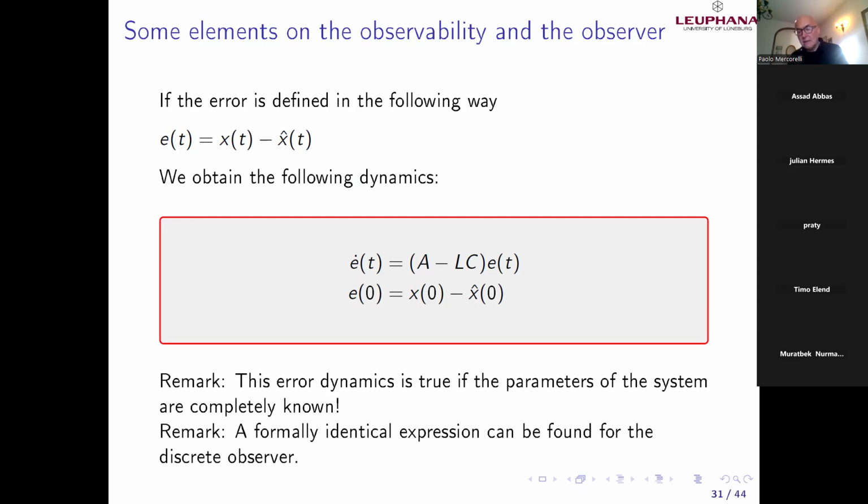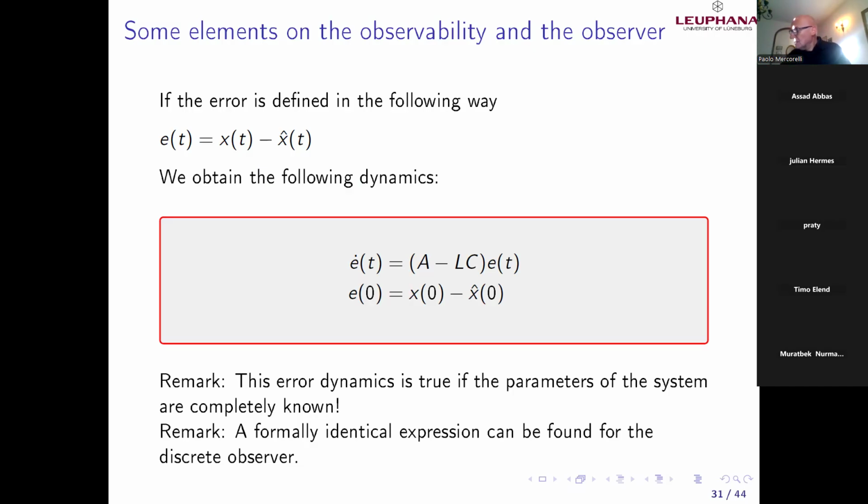Moreover, as I anticipated, we can also use an asymptotical observer. Very often we use just an asymptotical observer. The Kalman filter is an asymptotical observer.